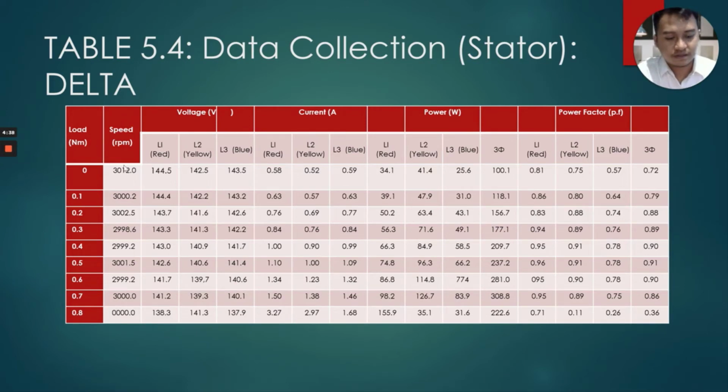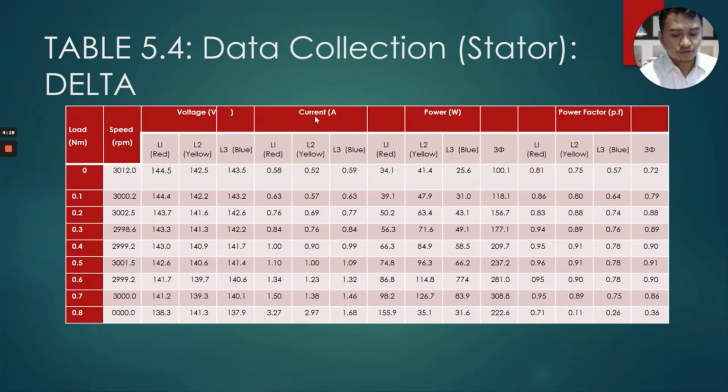Okay, for table 5.4, data collection for delta, the speed that we get from the reading is around 3000 for each value of the load. And the voltage value, red, yellow, blue, is decreasing when the load value is increased.